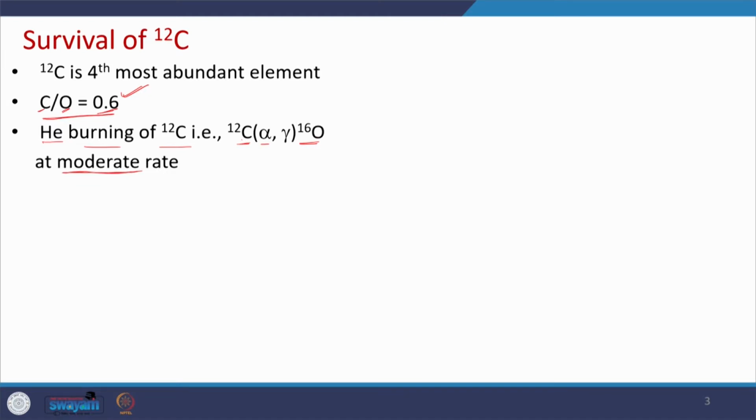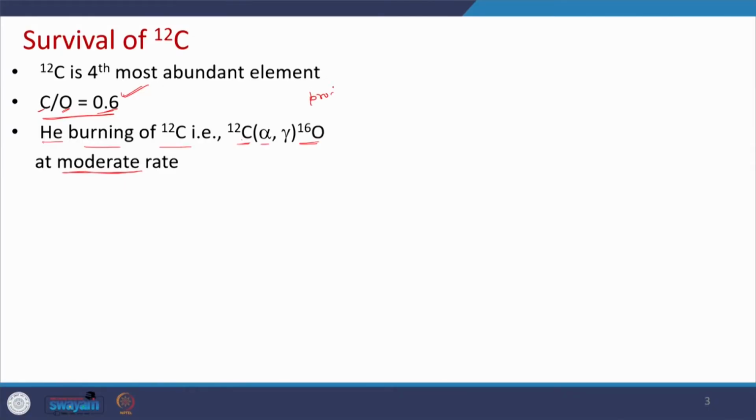See, it is very clear that in the universe, when we assume that carbon is formed within the stars, it is a direct product of the triple alpha reaction. In the universe, the majority of the abundance of carbon is the direct product of the triple alpha reaction.